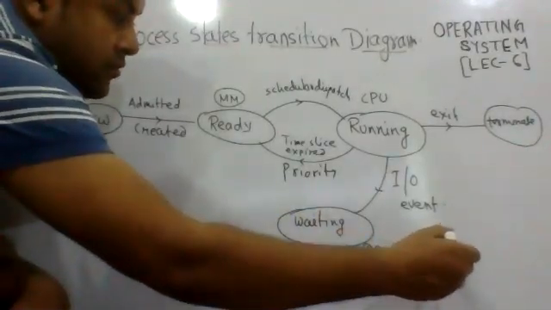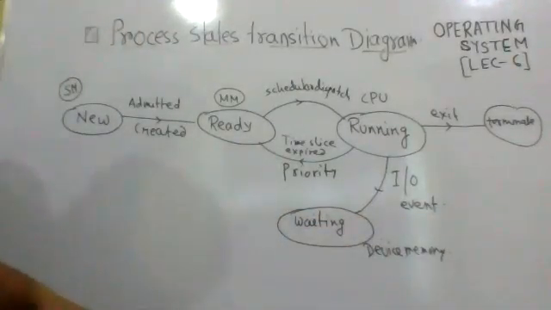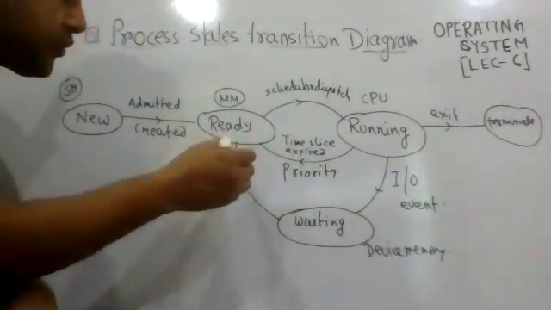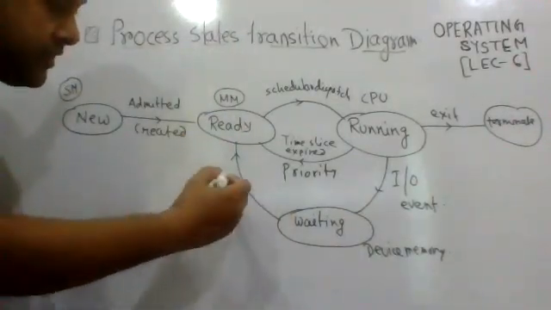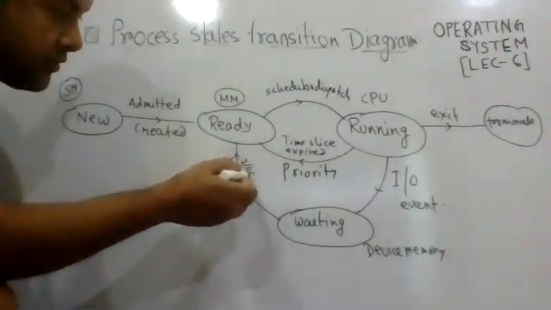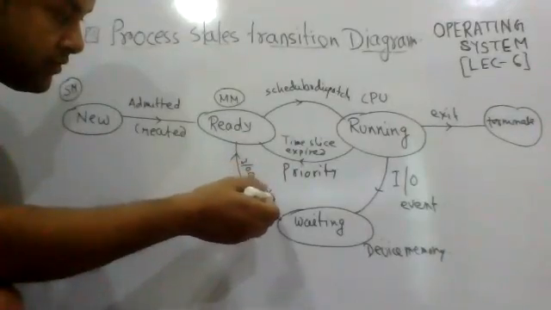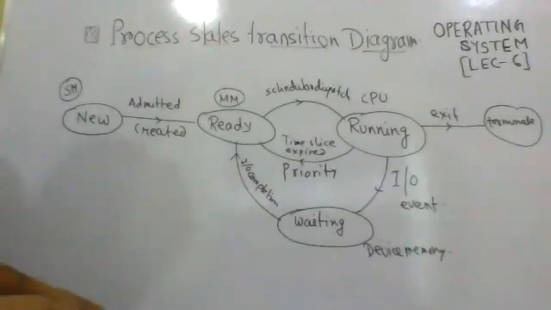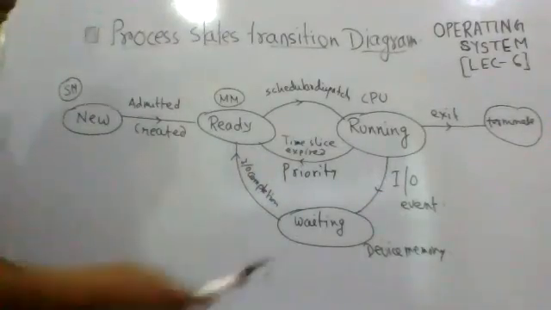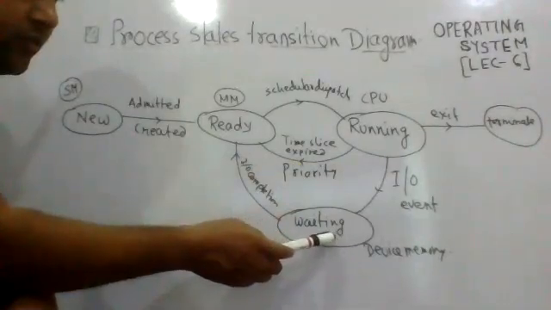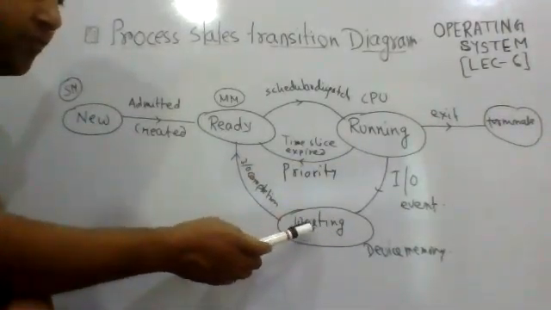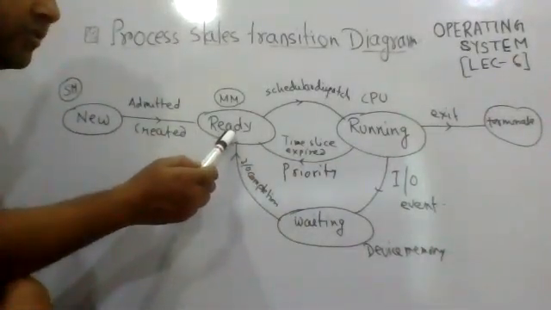Each device will have its own memory. So this is the waiting state, and after the completion of IO, we have to load the process again into the ready queue. Here we can write IO completion.